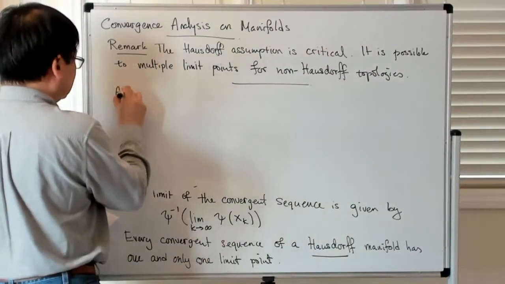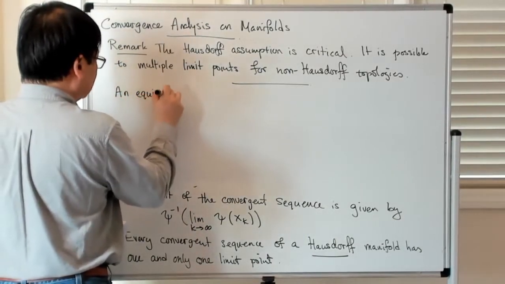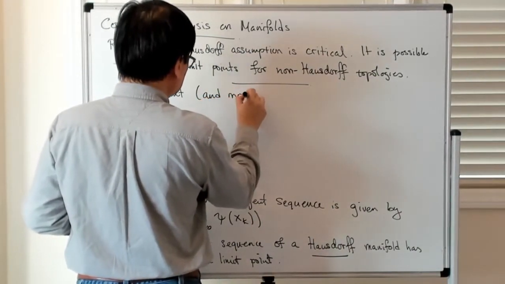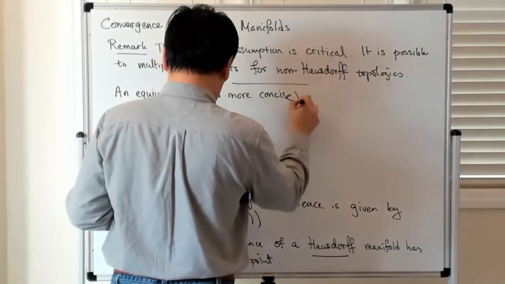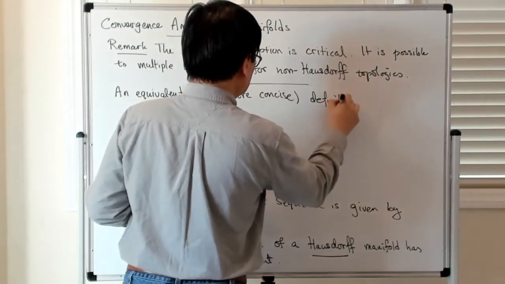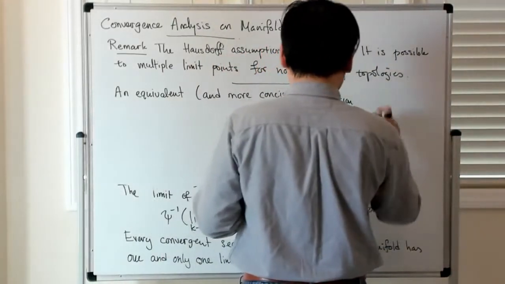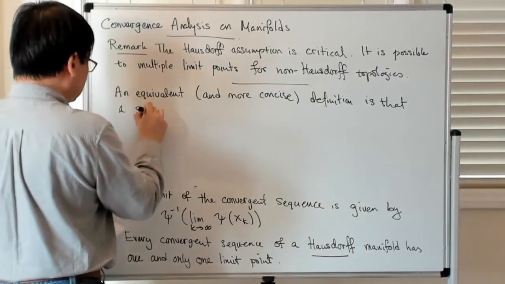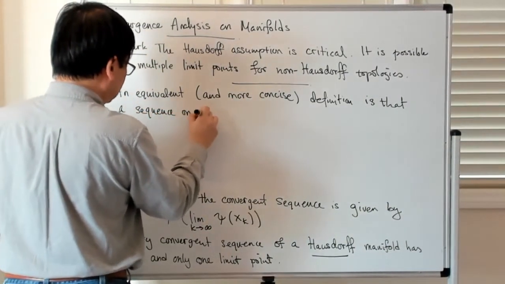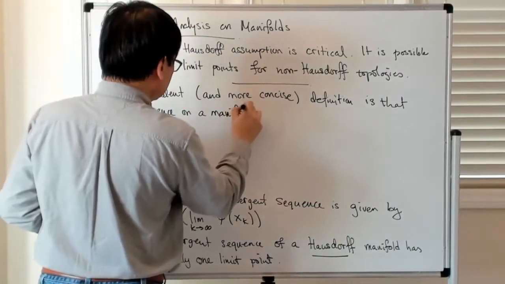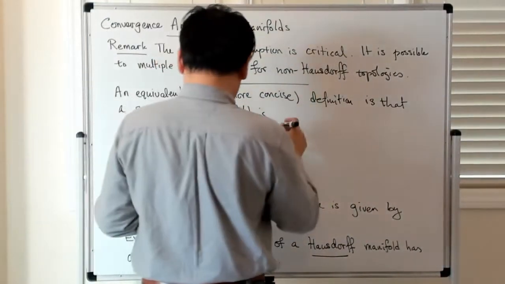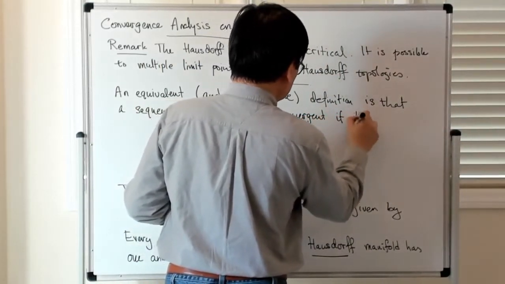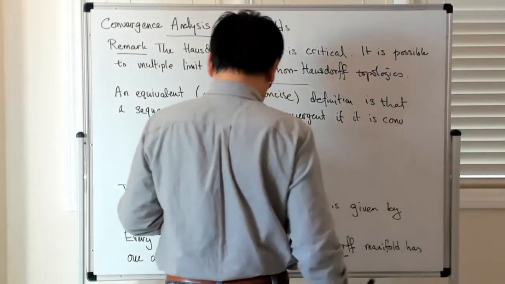So an equivalent, more concise definition is that a sequence on a manifold is convergent if it is convergent with respect to the manifold topology.